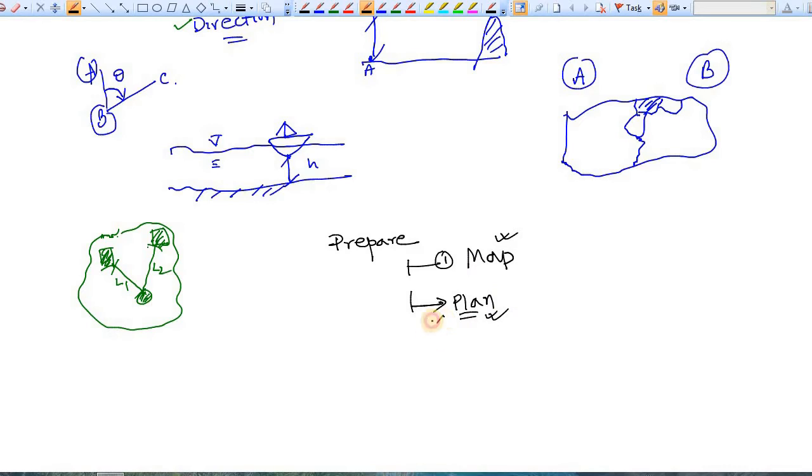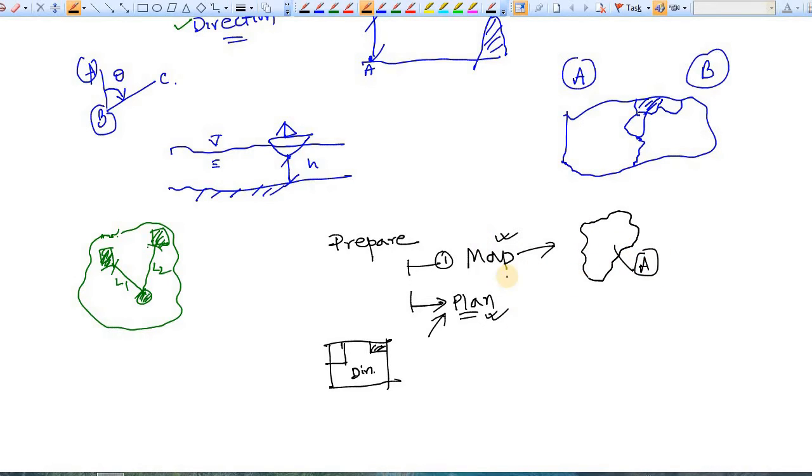Well, you may have heard of a plan of building. That means, let's say this is the bedroom, this is your toilet, this is the dining. So this is the plan, and you may have heard of a map of a country. Let's say this is the map of country A.